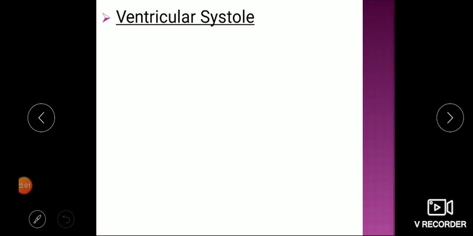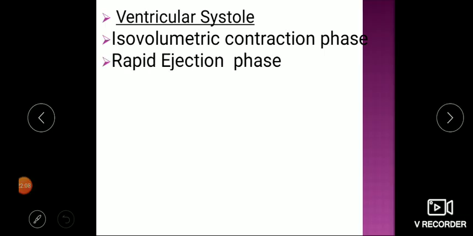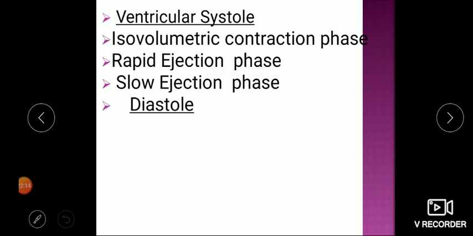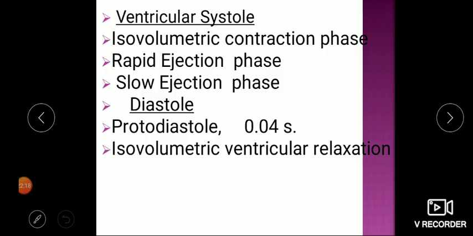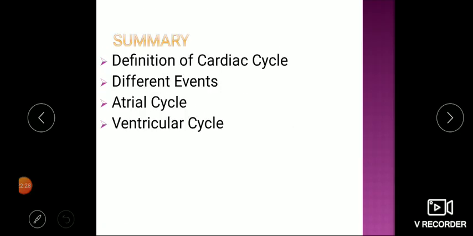Ventricular systole has three events: isovolumetric contraction phase, rapid ejection phase and slow ejection phase. In the rapid ejection phase maximum ejection takes place. In diastole we have five events: protodiastole, isovolumetric ventricular relaxation, first rapid filling, slow filling and last rapid filling. Ventricular systole is 0.3 second and diastole is 0.5 seconds.